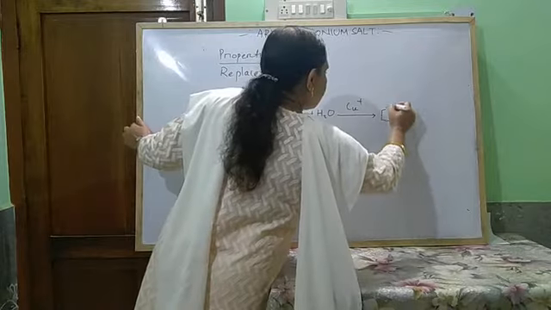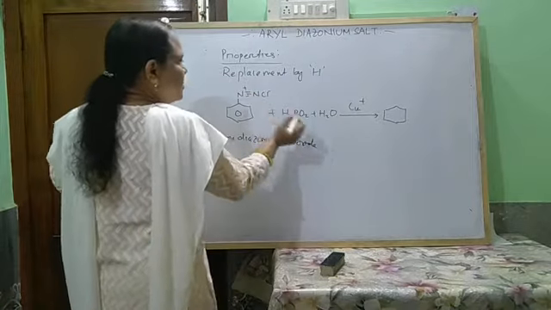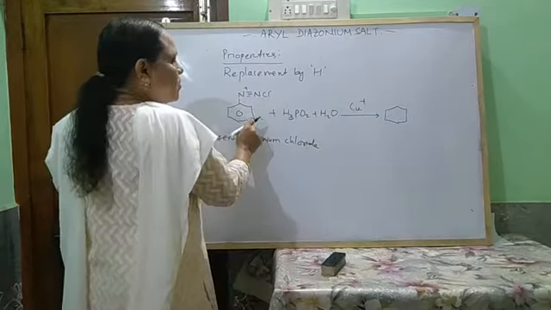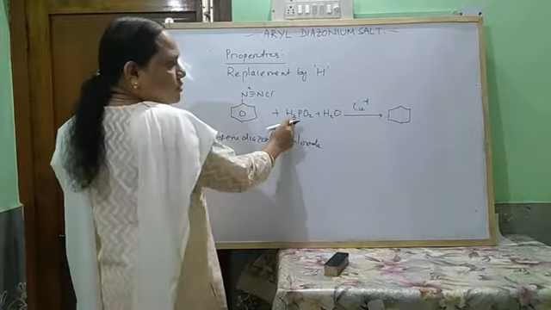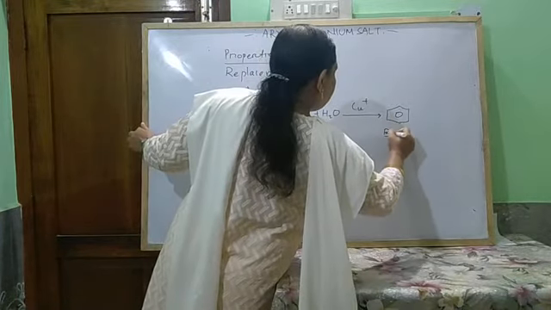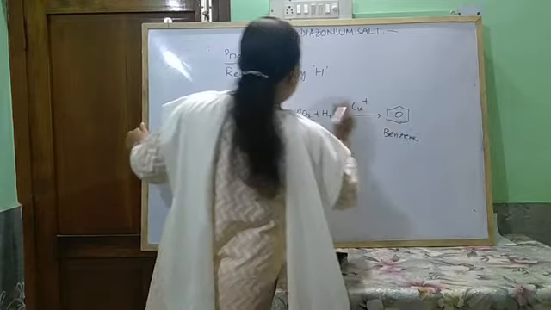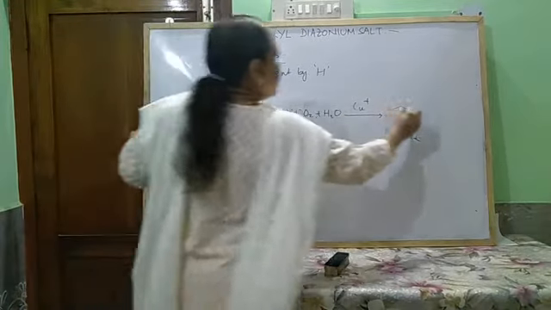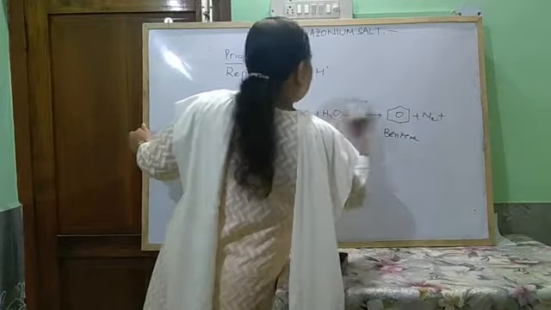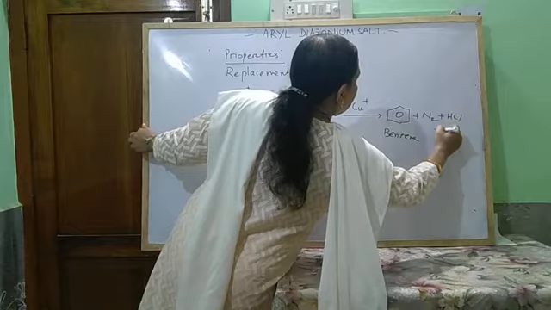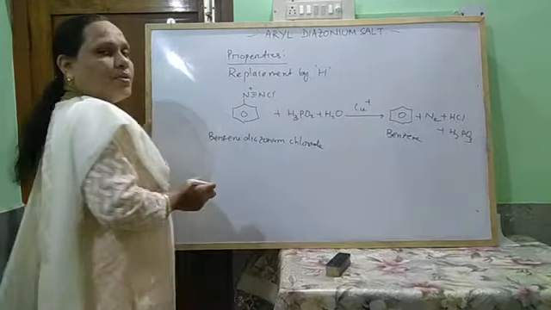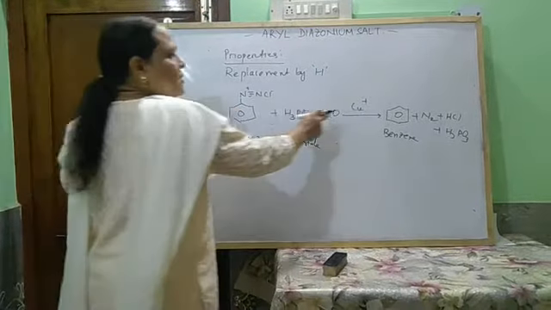This group is replaced by hydrogen. Actually, this compound is reduced and the other is oxidized. So it gives benzene, with hydrogen substituted in place of this, plus N2 plus HCl plus H3PO3. Okay, so replaced by hydrogen.